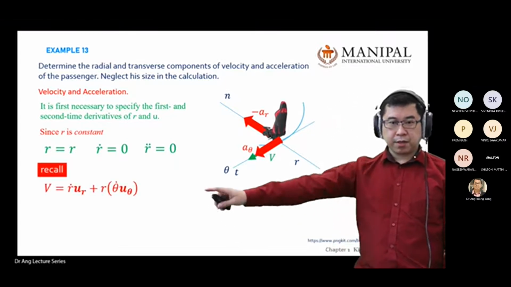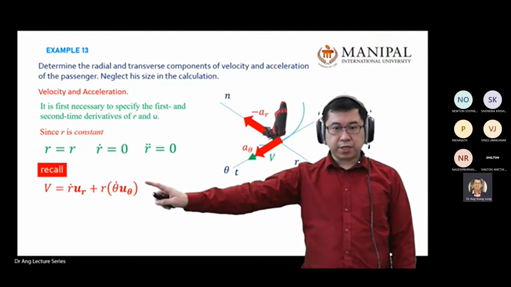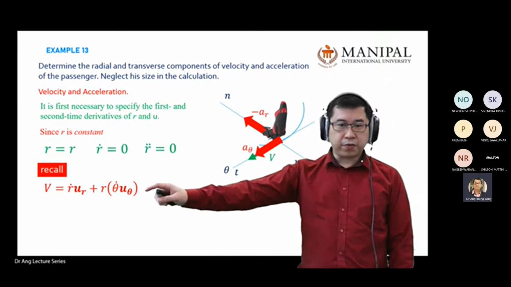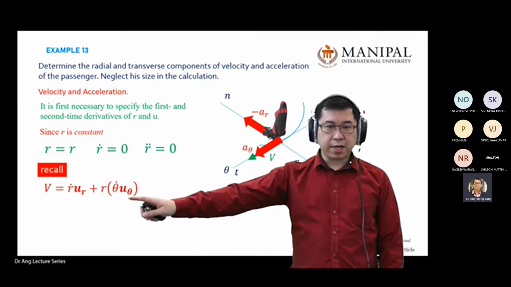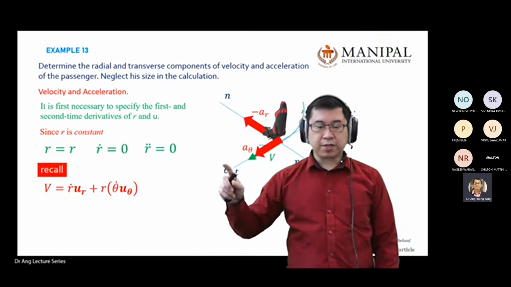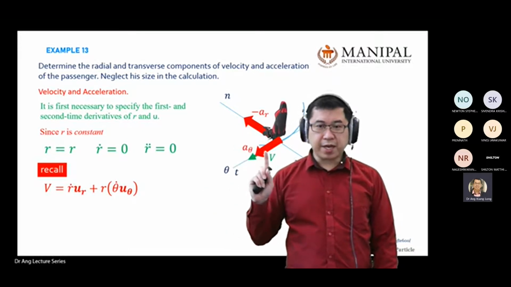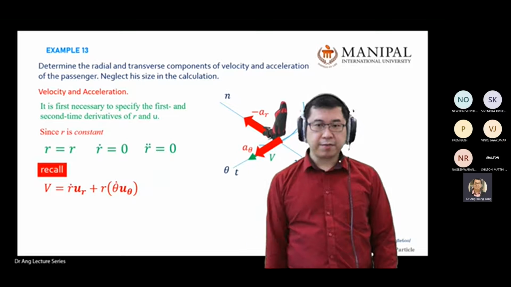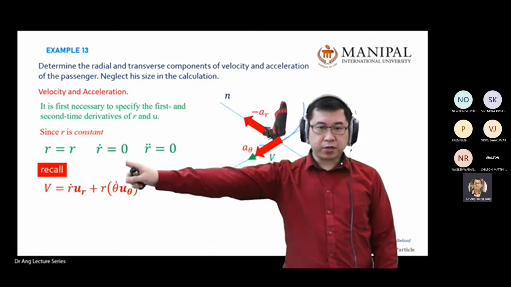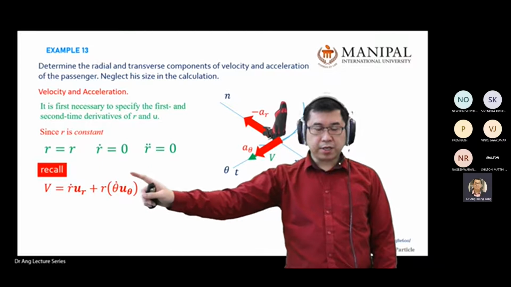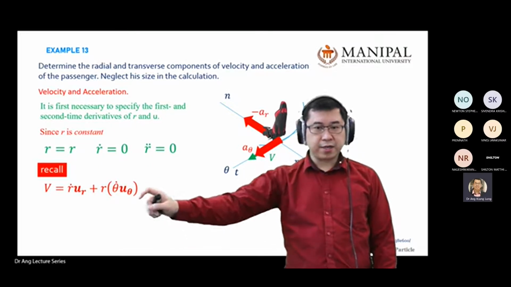Okay, recall the velocity equation that I showed you just now. V equals R dot UR plus R theta dot U theta. And again, remind yourself, velocity and acceleration are vectors. A vector always has magnitude and direction. R dot is a magnitude, UR is a direction.